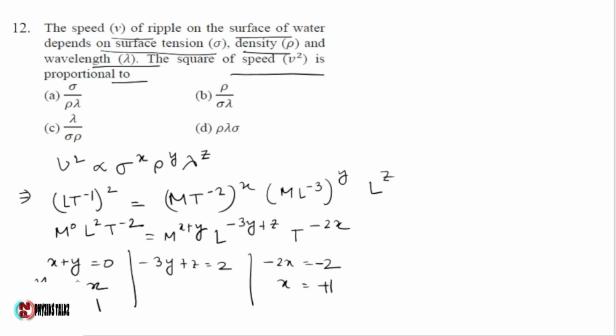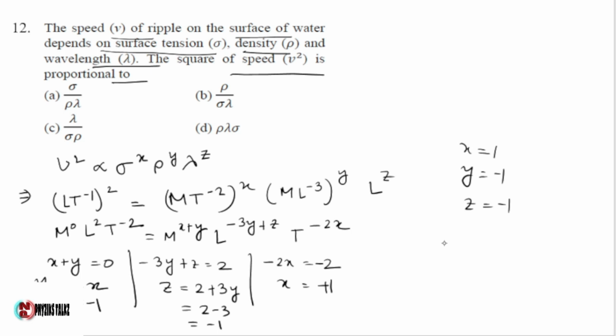So x equals 1, and y equals minus x, so y is minus 1. Now z is given by 2 plus 3y, which equals 2 minus 3, equals minus 1. So x is 1, y is minus 1 and z is minus 1.